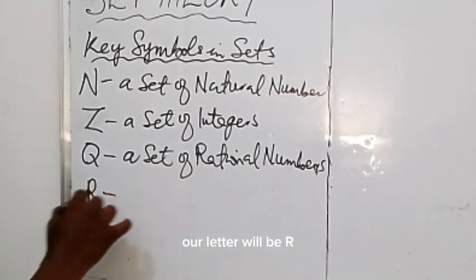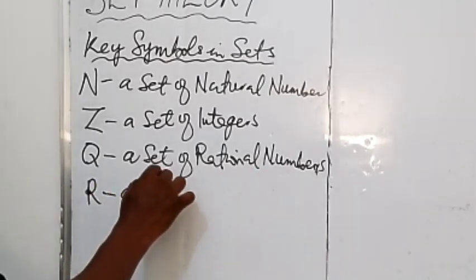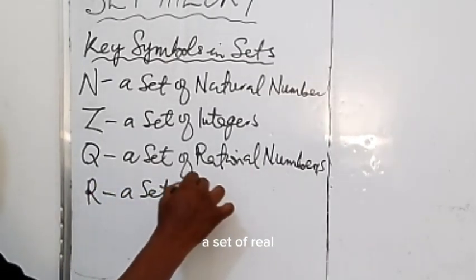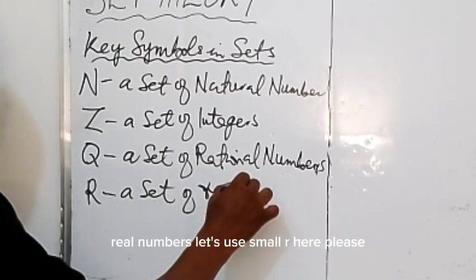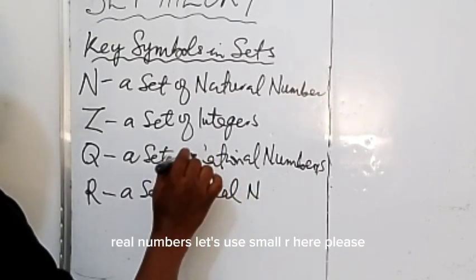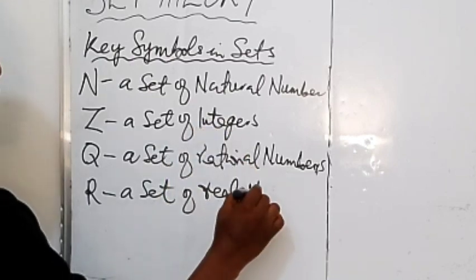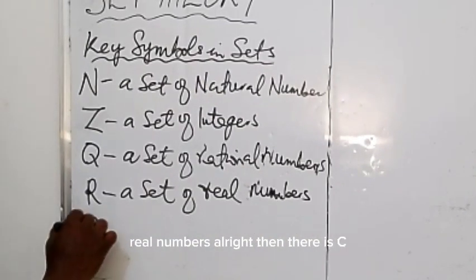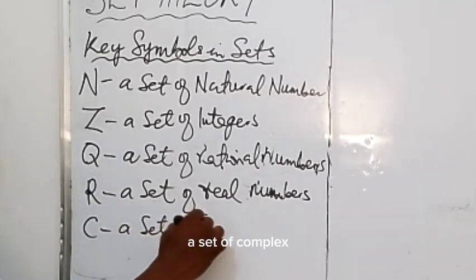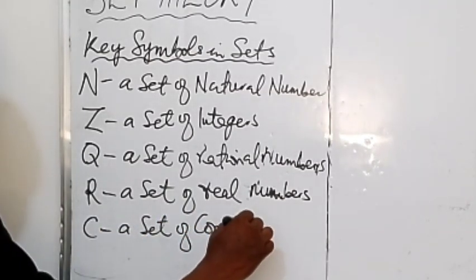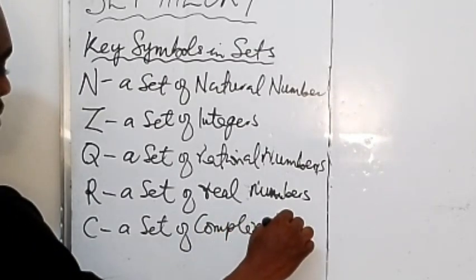Our letter will be R, a set of real numbers. Let's use small r here, please. Real numbers. All right. Then there is C, a set of complex numbers.